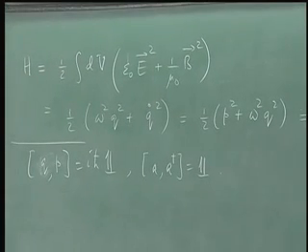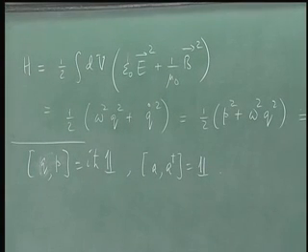And now the rest is just a copy from the harmonic oscillator. All we have to do is to play around with these operators A and A dagger, and we have a complete set of states, eigenstates of this and so on.